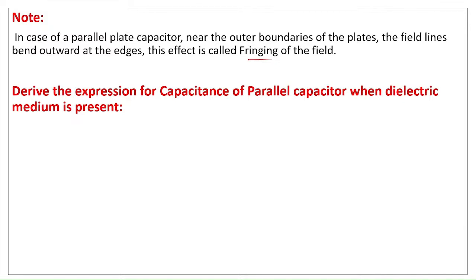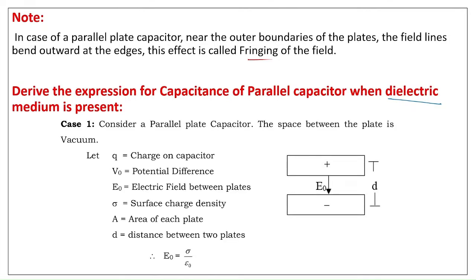Next, derive the expression for capacitance of a parallel plate capacitor when a dielectric medium is present. Proof. Case 1. Consider a parallel plate capacitor. The space between the plates is vacuum.